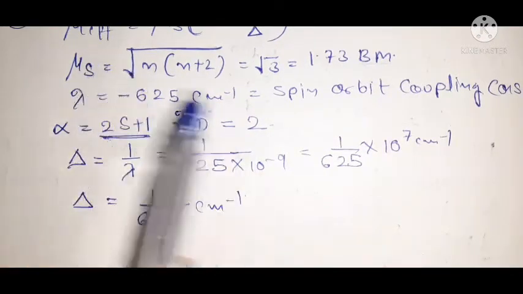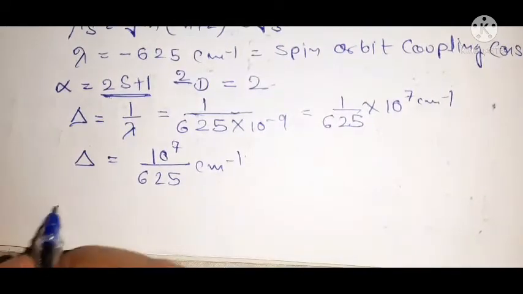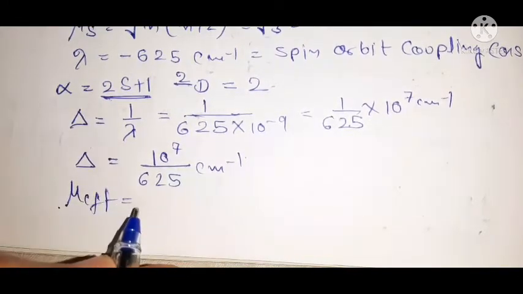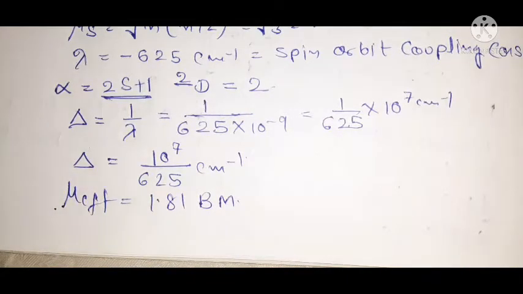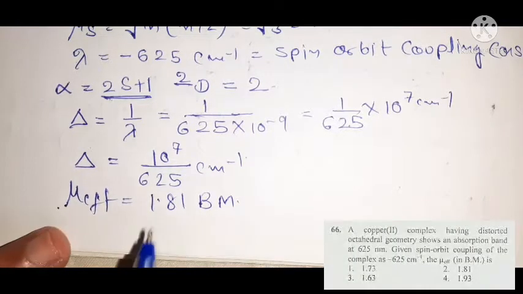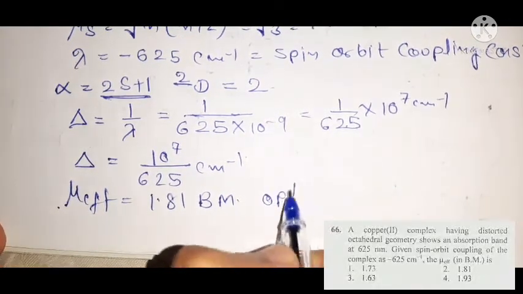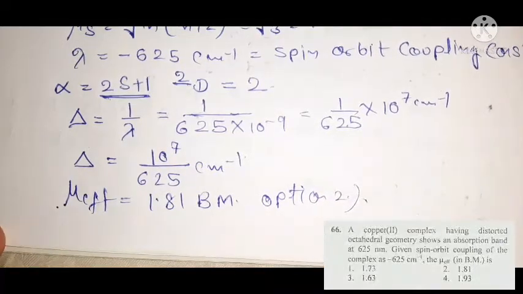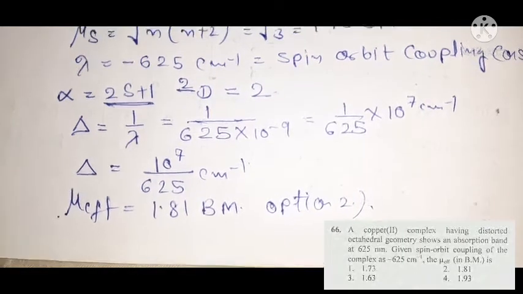When you solve this, you will get the value of mu effective nearly equal to 1.81 Bohr magneton, and this is option number second. Option number second is the correct answer for this question. Understand? Okay.